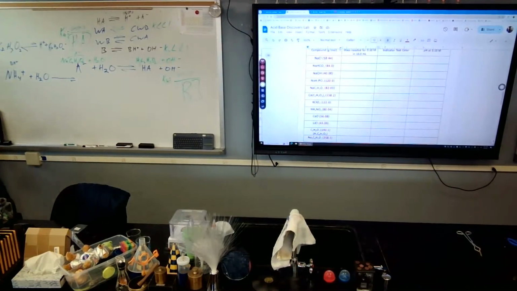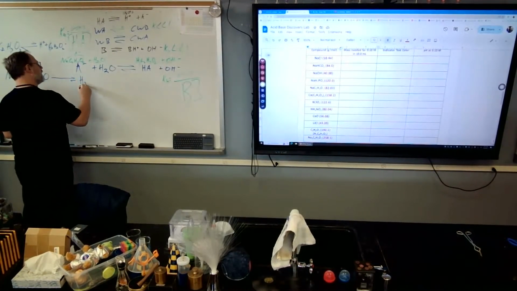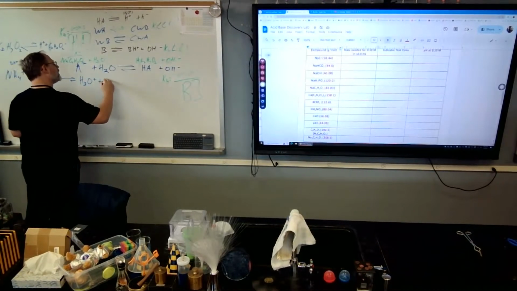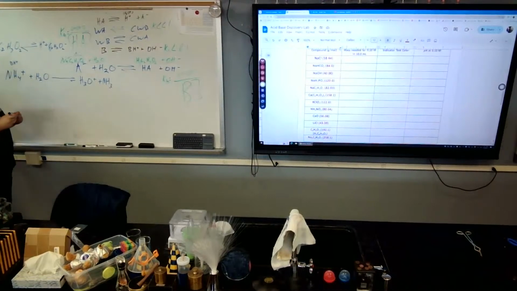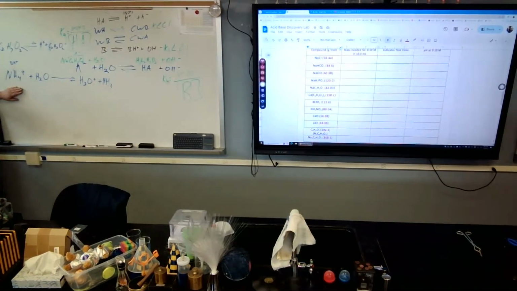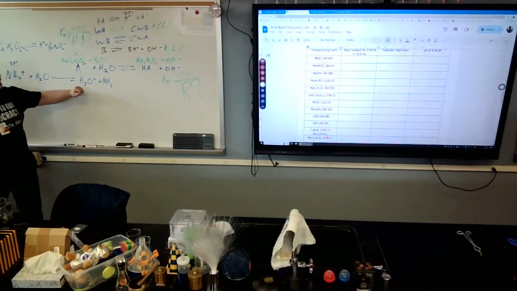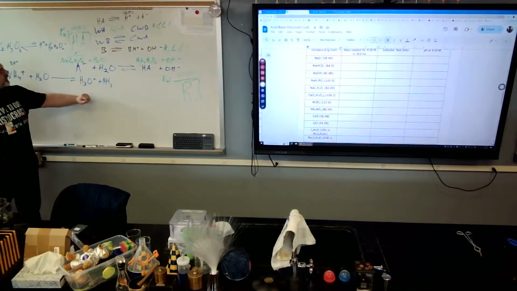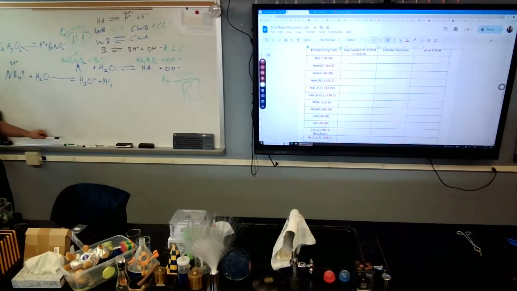It's going to donate, exactly, it's going to donate a proton and form H3O plus and NH3. And again, the undissociated molecule is more thermodynamically favored, more thermodynamically stable than the ions. So if you put the base cation into water, it's going to form the proton, H3O plus, and the undissociated base.